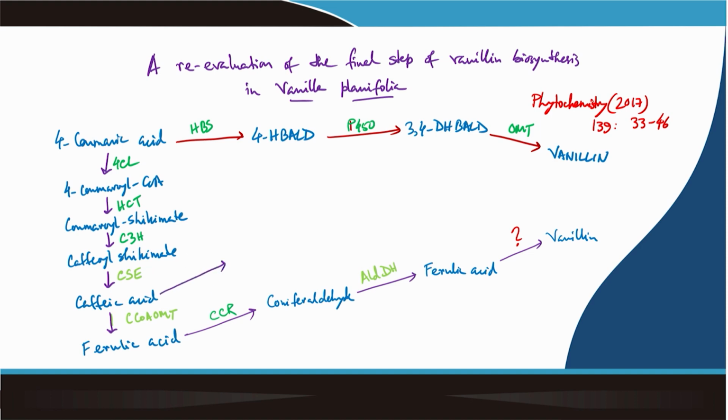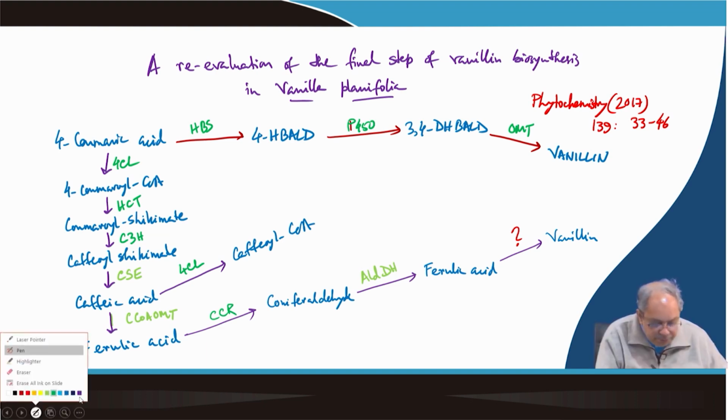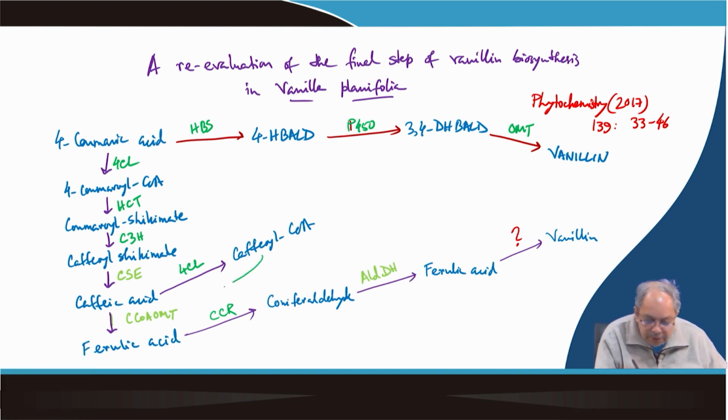Caffeoyl CoA can also be produced by the action of a traditional 4CL, and then this caffeoyl CoA may be converted into ferulic acid by the action of CCOMT.